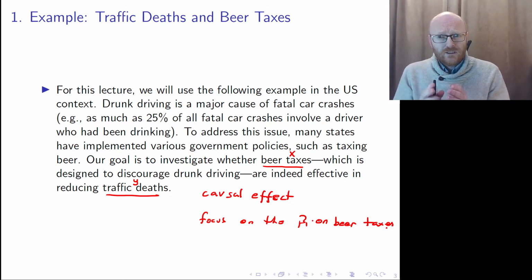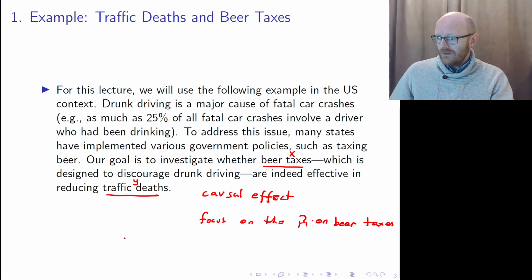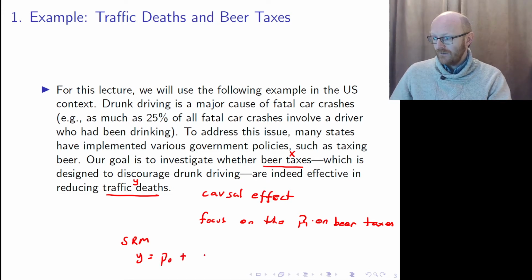So we would like for our beta to be as close to, and a best guess, an unbiased guess of the true beta, right? So we could form the simple regression model of y equals beta naught, the intercept, plus the slope times beer taxes.